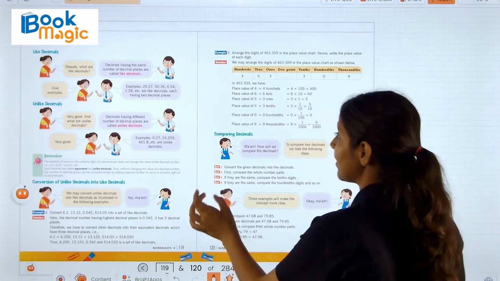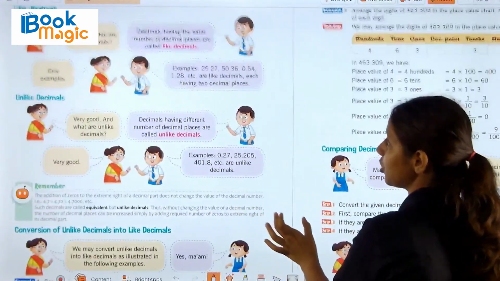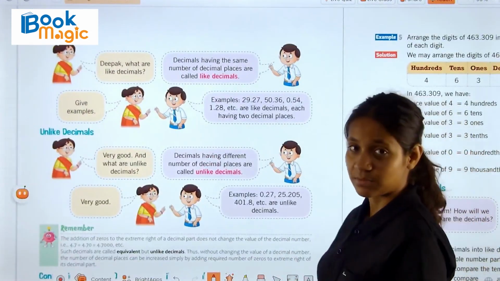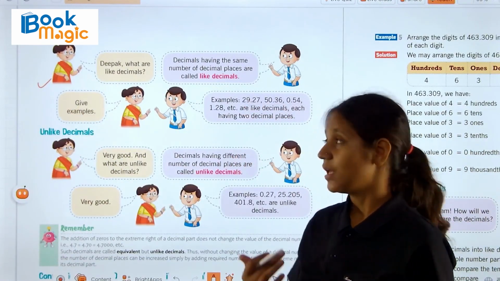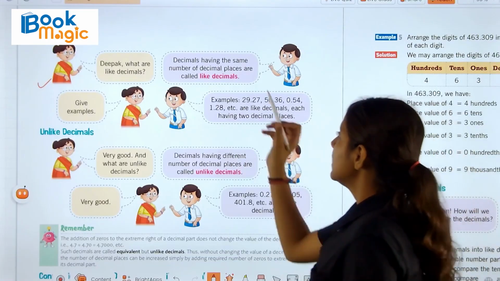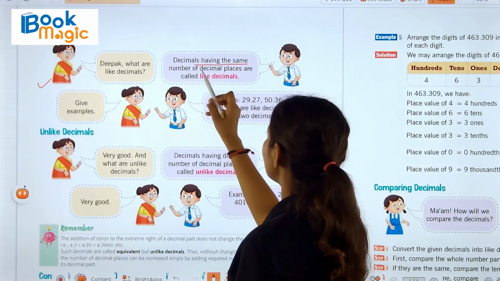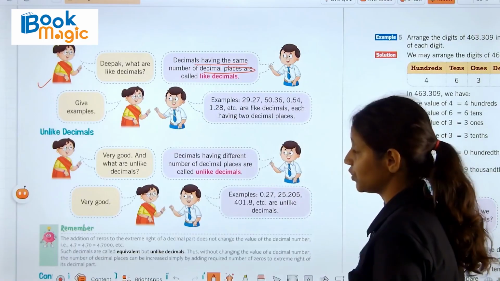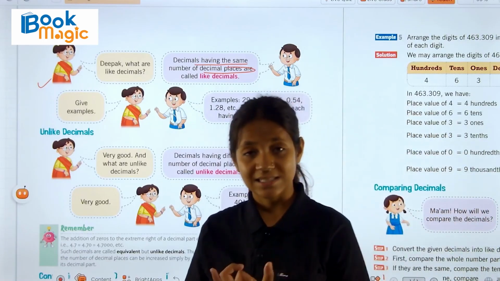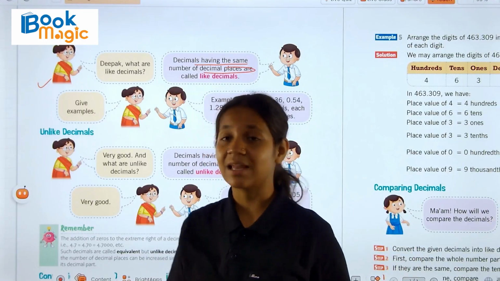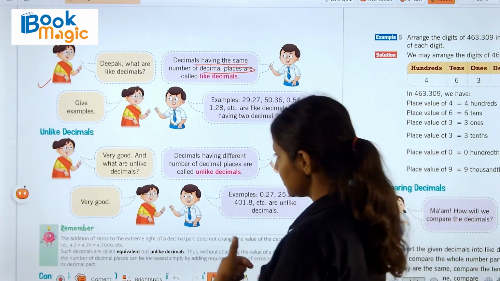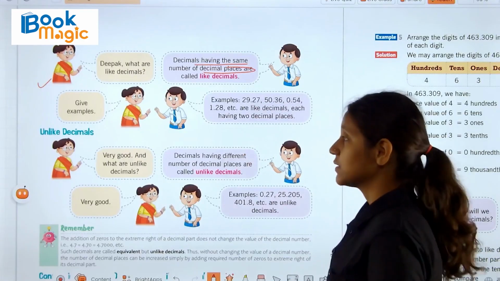Now we have another topic of this chapter, that is like decimals. The teacher is saying, Deepak, what are like decimals? Deepak replied, decimals having the same number of decimal places are called like decimals. So ma'am, decimals whose decimal places are the same, we call them like decimals. Then the teacher said, give an example.